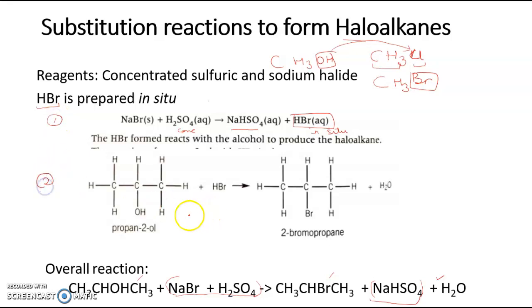In the second step, you would replace that OH with the Br. So OH and H are eliminated as H2O, or you can say OH is substituted or replaced by Br. Where you had the OH functional group, you would now get a halogen. So you've converted an alcohol into a haloalkane.